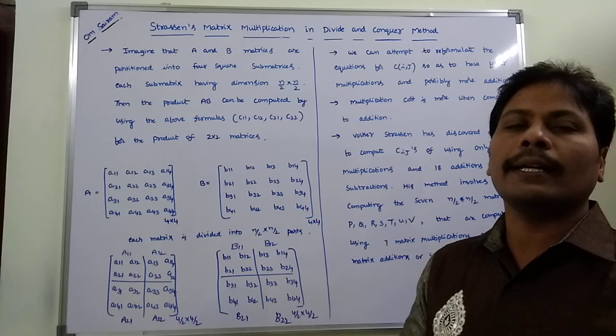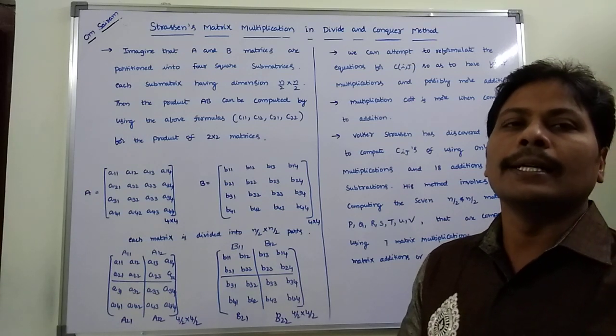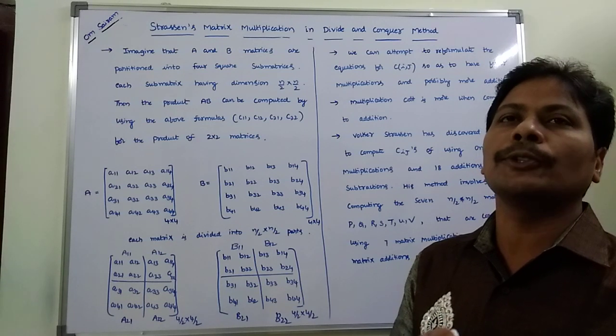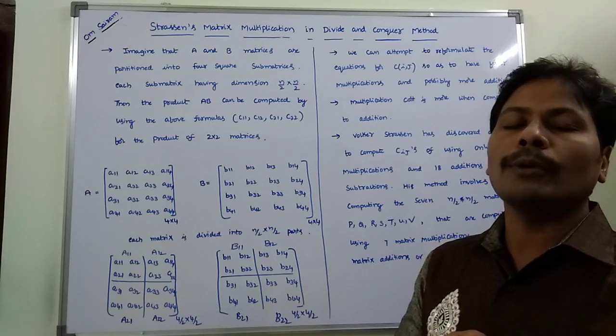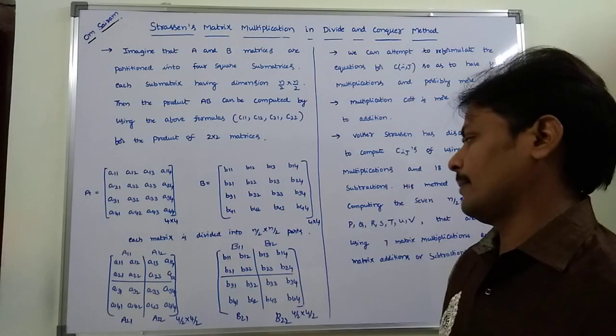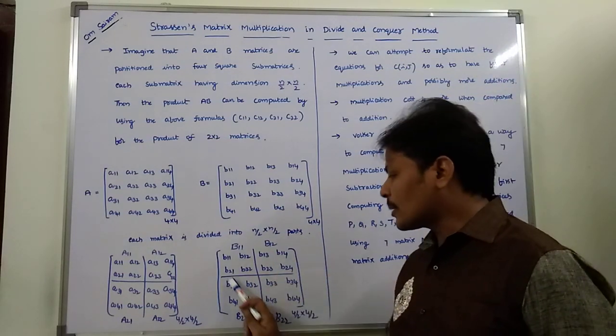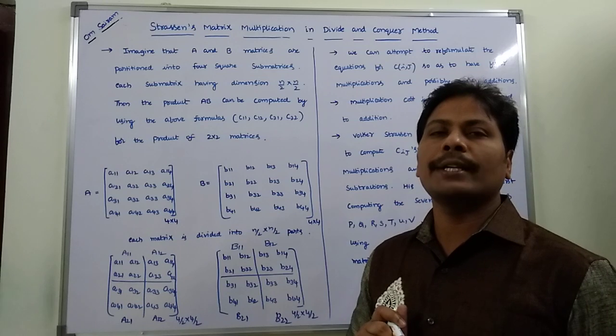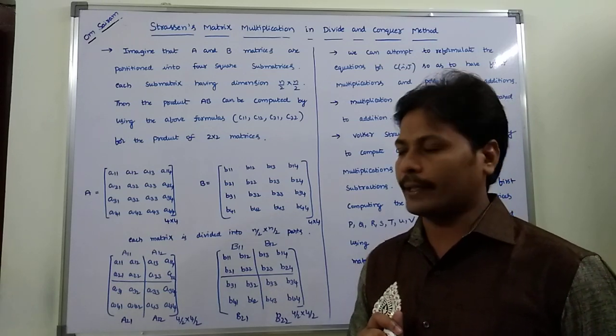After applying the divide and conquer technique, matrix A is partitioned into 4 submatrices, and matrix B is also partitioned into 4 submatrices.